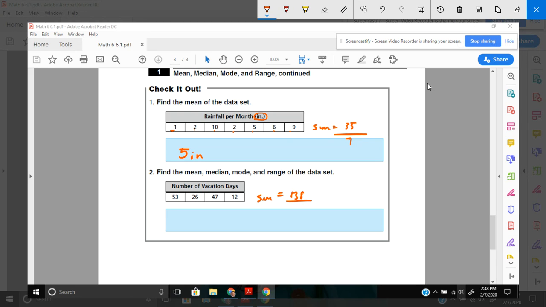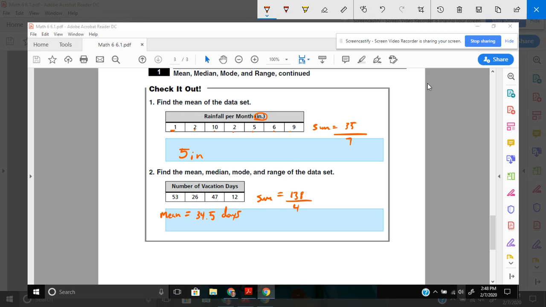Divided by, there's 4 data points here. So divided by 4, the mean would equal 34.5. And we're talking about vacation days. So put days. So the average amount of vacation days is 34.5.